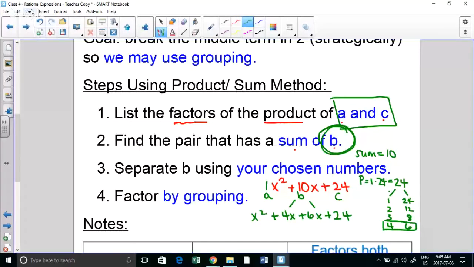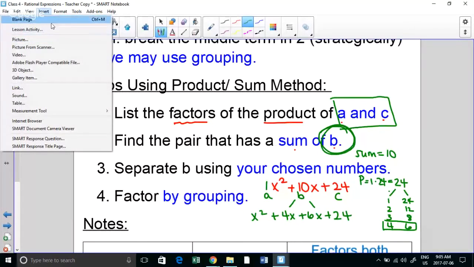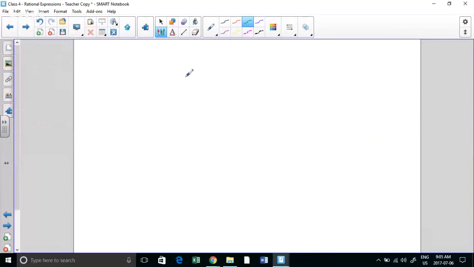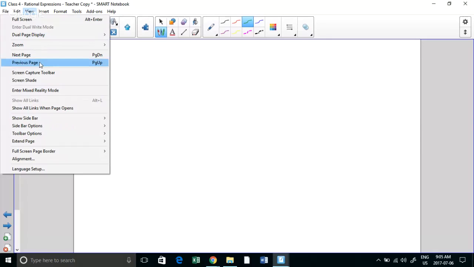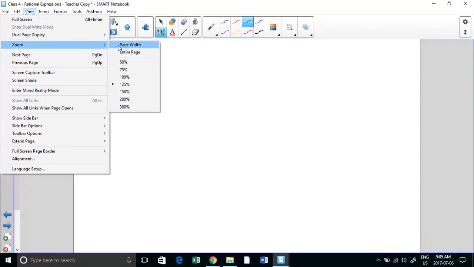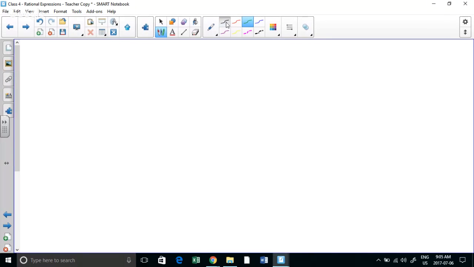Just before we actually do this with polynomials, maybe we'll do this with a couple of numbers. I'll give you, say, a product of -50 and a sum that is equal to 23. So it doesn't really matter.